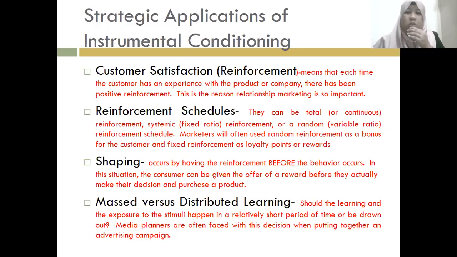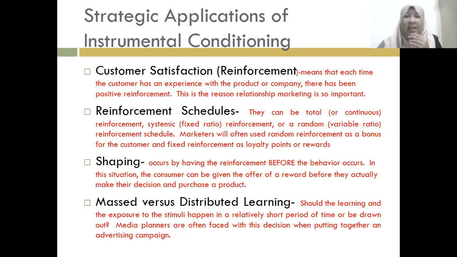Marketers will often use random reinforcement as a bonus for the customer and fixed reinforcement as loyalty points or rewards. For example, when we're talking about continuous reinforcement, let's say you go to buy coffee. Let's say I take McDonald's.